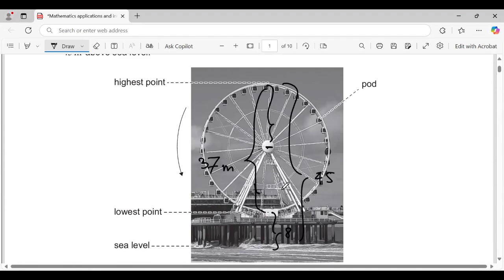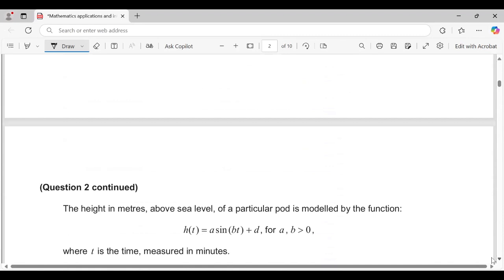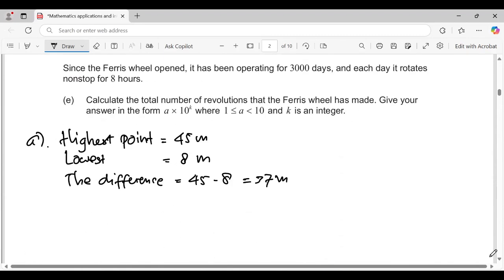Okay, 37 divided by 2. So the radius R equals 37 divided by 2 equals 18.5 meters. This is part 1. And part 2, circumference. We can determine the circumference.